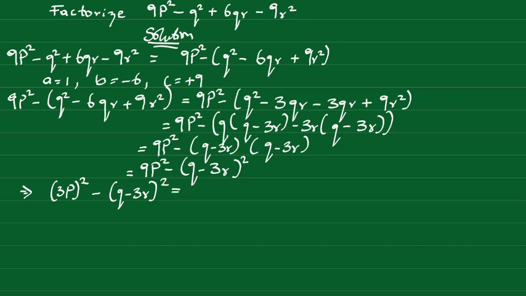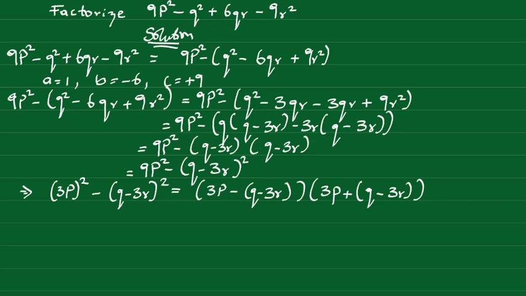Having done this, we proceed to solve in the form of a difference of two squares, and we open a bracket. We have 3p minus bracket open q minus 3r bracket close, open another bracket. We have 3p plus bracket open q minus 3r bracket close.